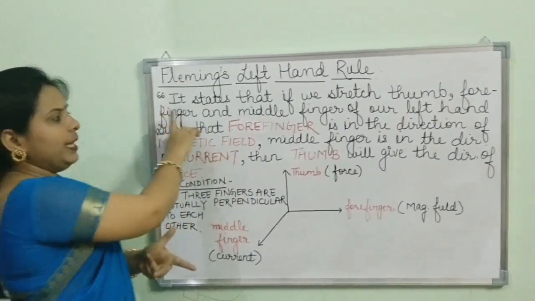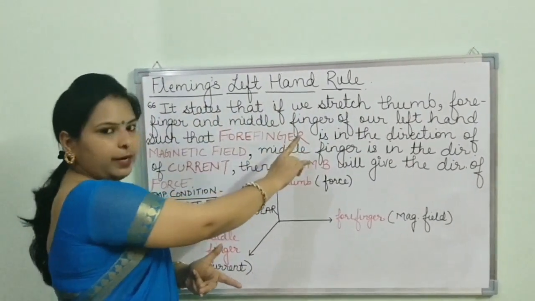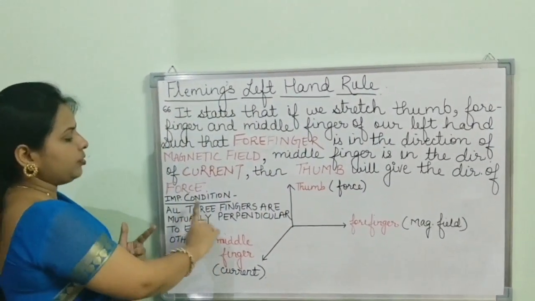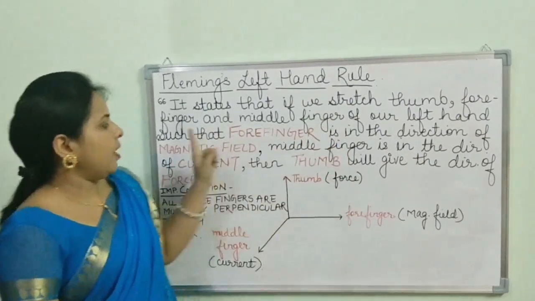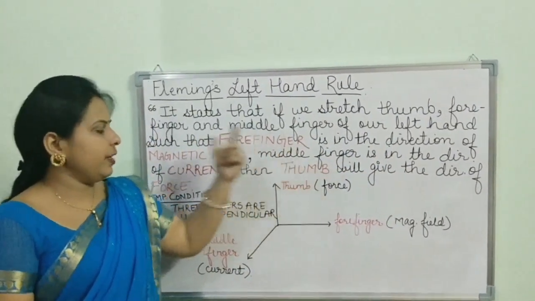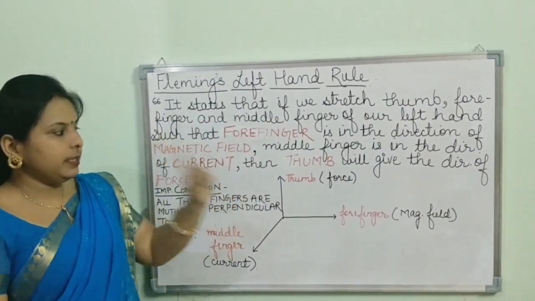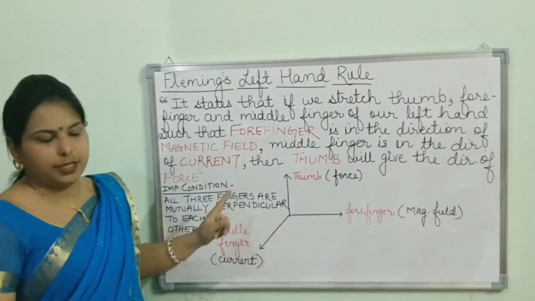So the rule states that if we stretch the thumb, forefinger and middle finger such that all three fingers are mutually perpendicular to each other, and the forefinger is in the direction of magnetic field, the middle finger shows the direction of current, then our thumb will show the direction of force. So this is the complete rule.